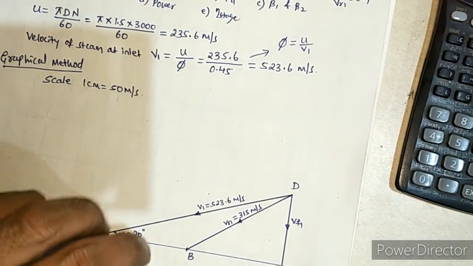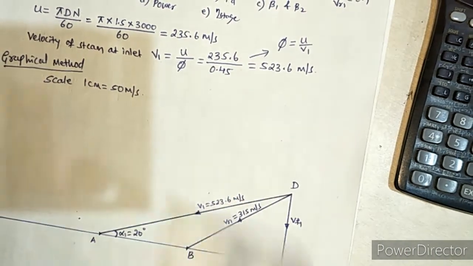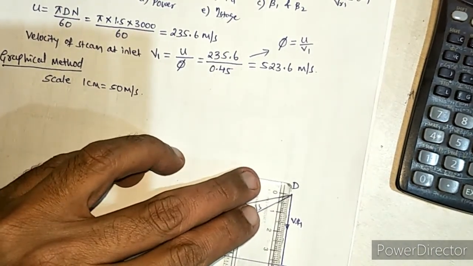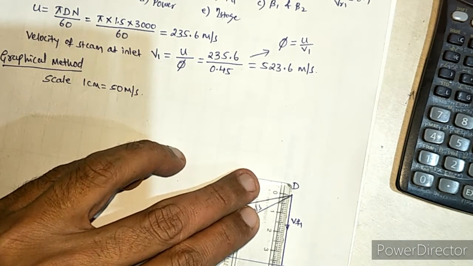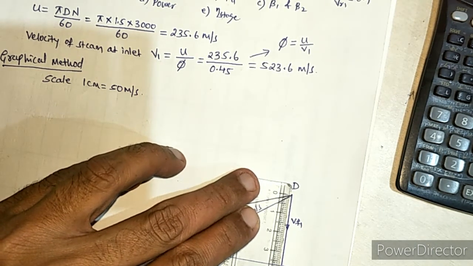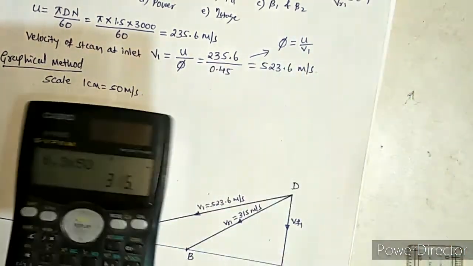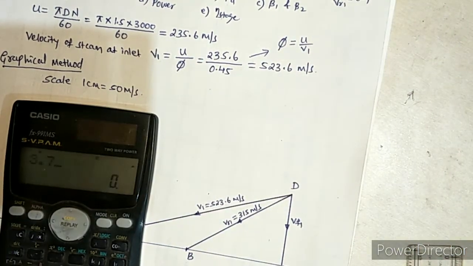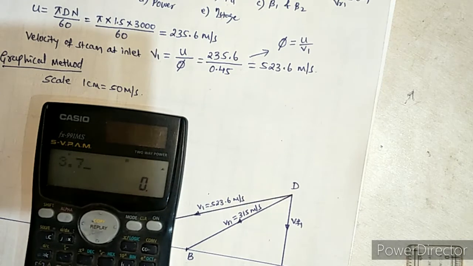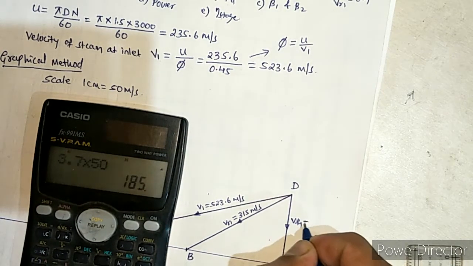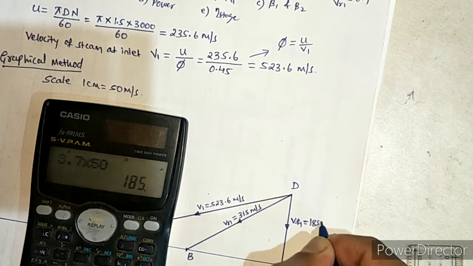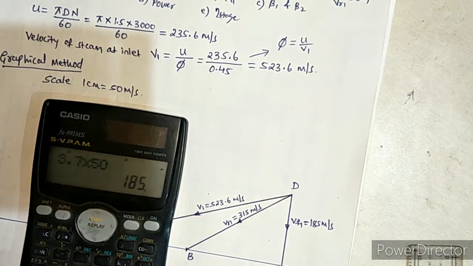And VF1, sorry, it is 3.7 centimeters. So 3.7 into 50. So I will get VF1 is equal to 185 meters per second.